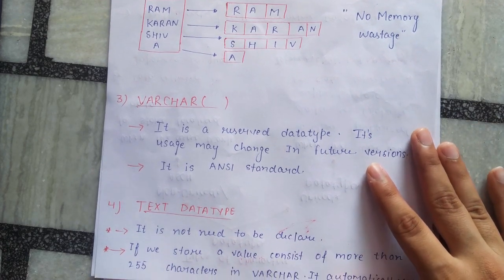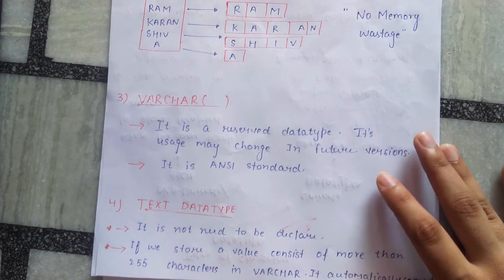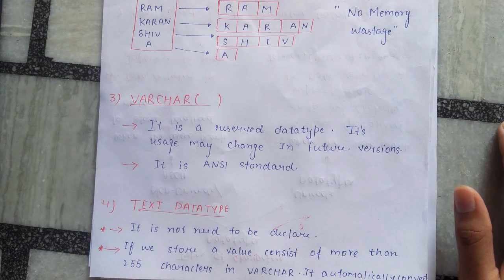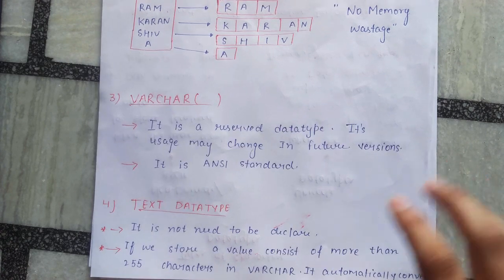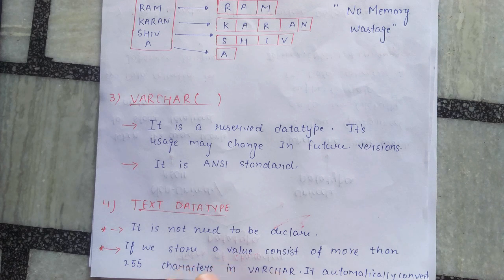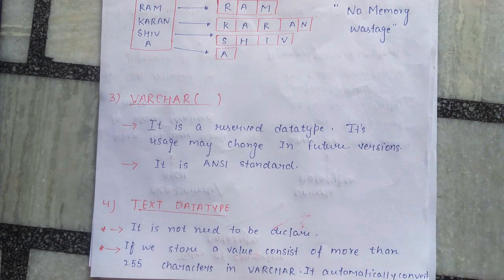Now our last non-unicode character data type is text. So what is basically text? Here one more thing is that there is no need to declare a text data type. If we are going to store a value that consists of more than 255 characters, it will automatically convert it into text, using varchar or even varchar2.